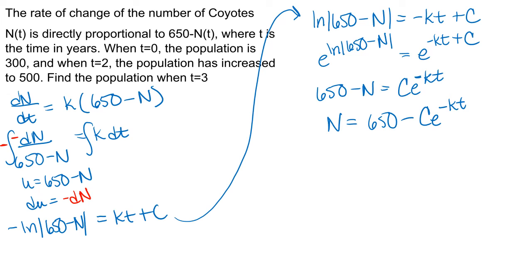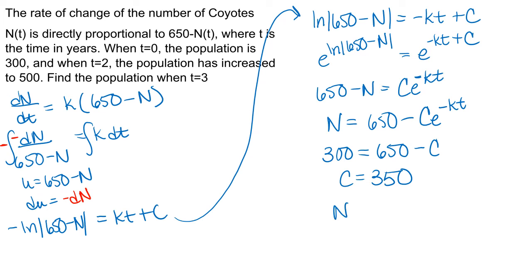We have that the population is 300 when t equals 0. That means we've got 300 coyotes at time t equals 0. But e to the 0 is just 1, so c has to be 350.